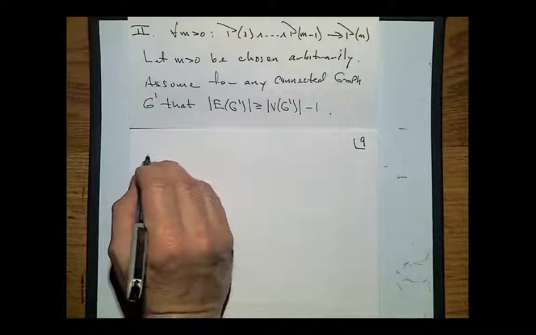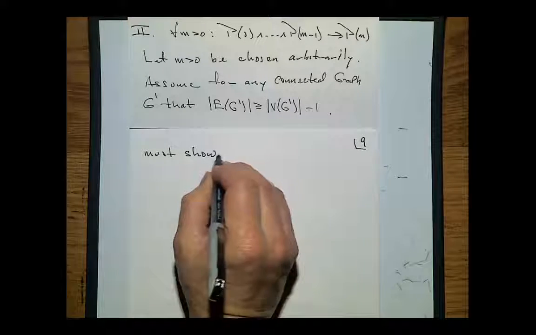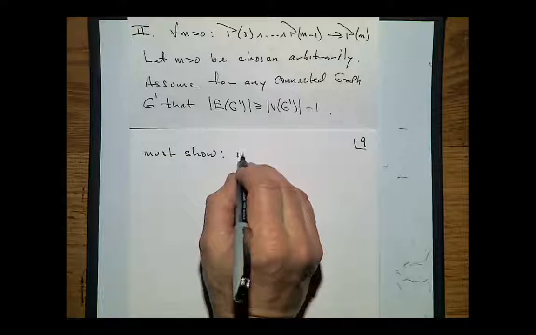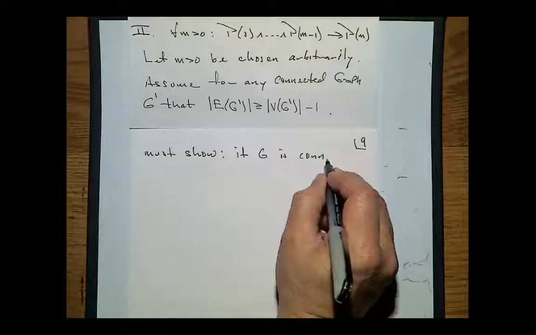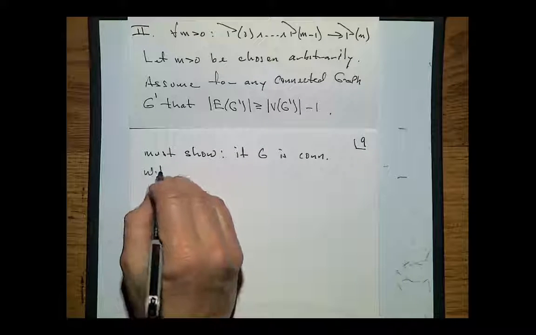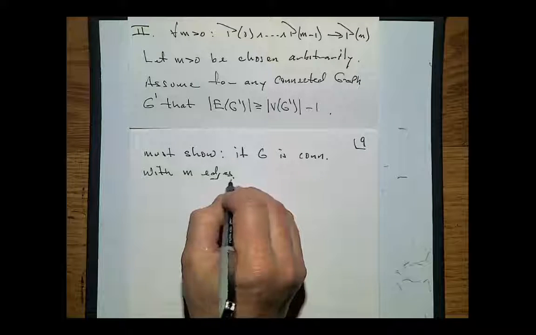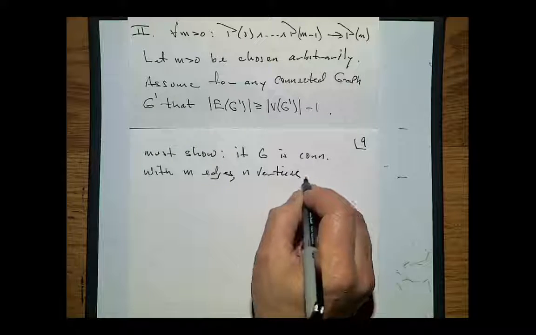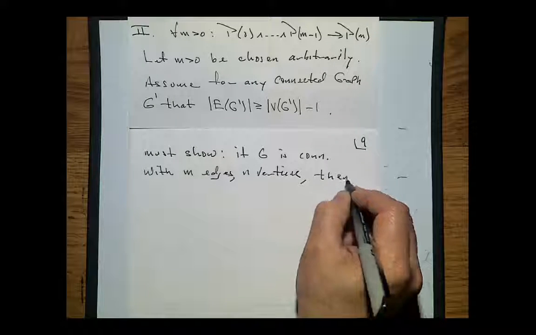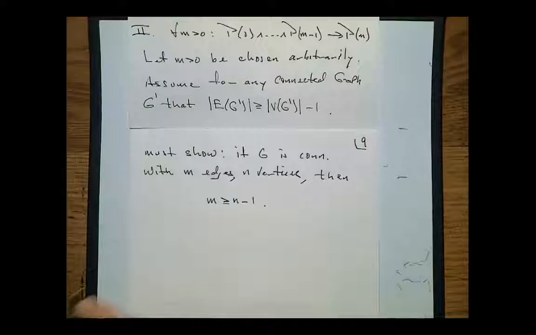We must show that P of M is true: if G is connected with M edges and N vertices, then M is greater than or equal to N minus 1, right?